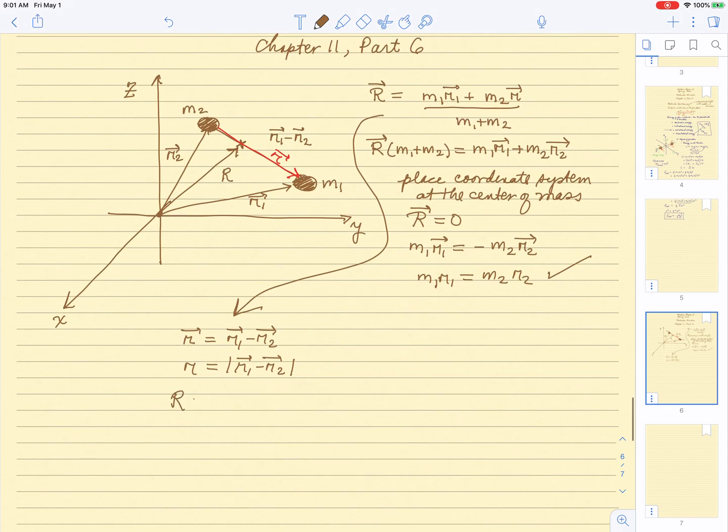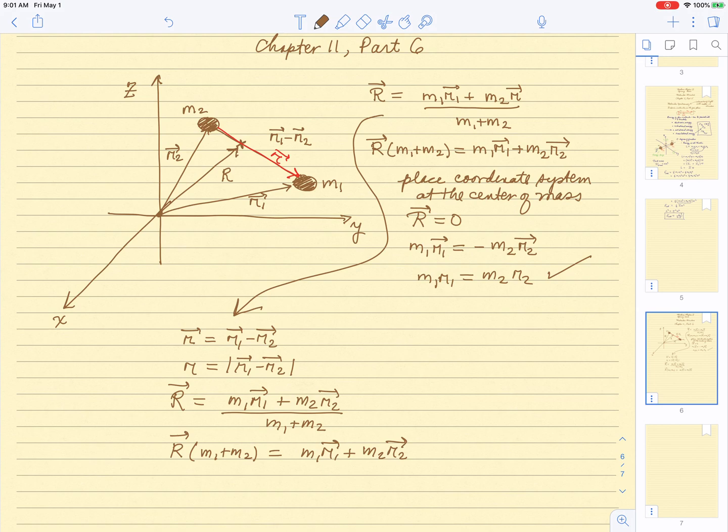Again, R, the center of mass, is going to be equal to M1 R1 vector plus M2 R2 vector, all over the sum of the masses, and then R vector times M1 plus M2 is going to be equal to M1 R1 vector plus M2 R2 vector.